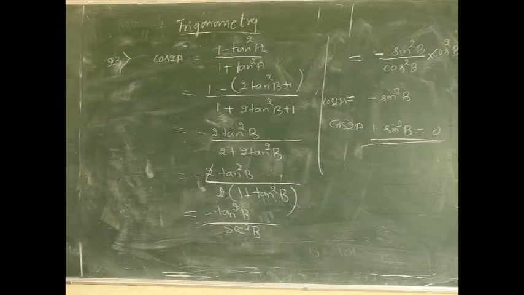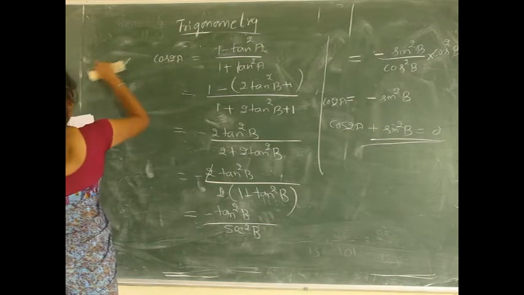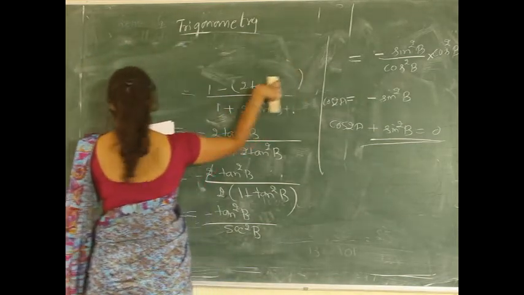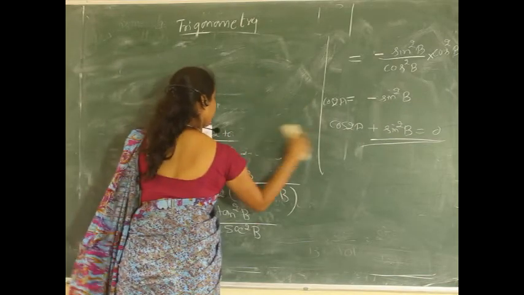If ABCD are the angles of a cyclic quadrilateral such that cos A plus cos B is equal to K into cos C plus cos D, then what is the value of K?